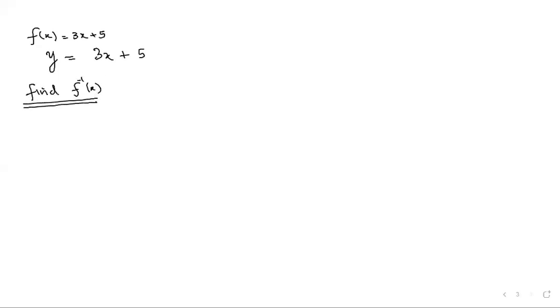Do it and tell me. x equals 3y plus 5. Correct. Then make y the subject, so y is equal to (x minus 5) upon 3. So f inverse of x is (x minus 5) upon 3.